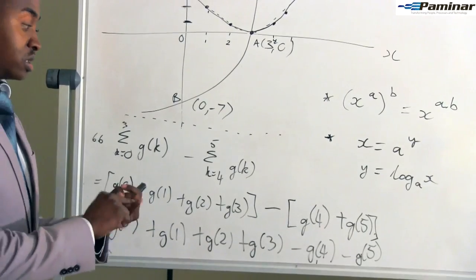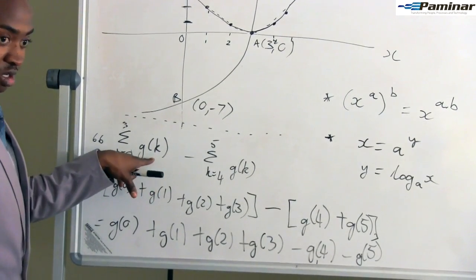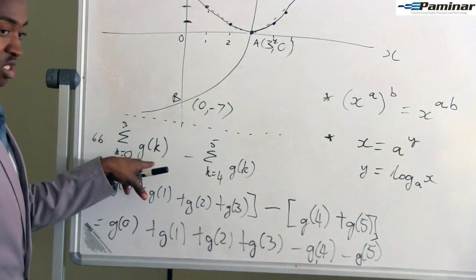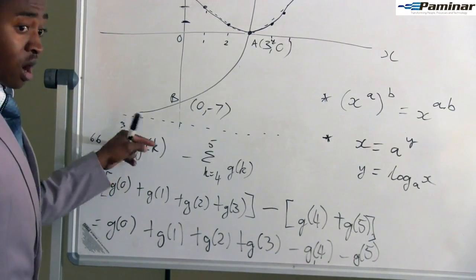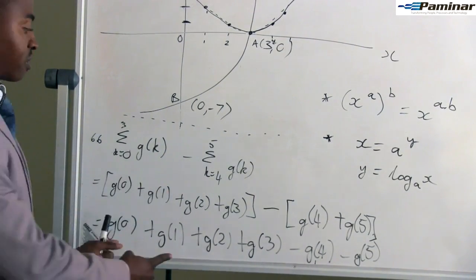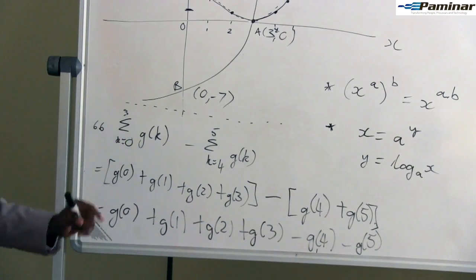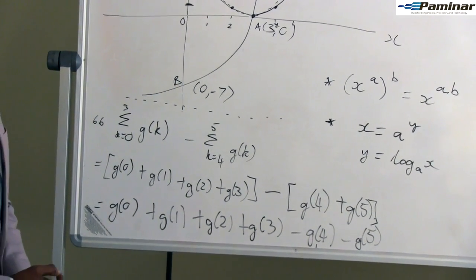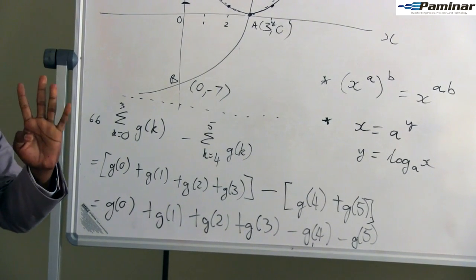So it comes as g of 0, as in substituting for k into that g. So you substitute for 0, for 1, for 2, and for 3, and you add them up. So don't get confused by that 3. If you add those g's, there are 4 terms.